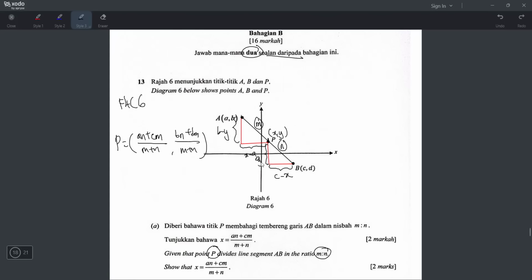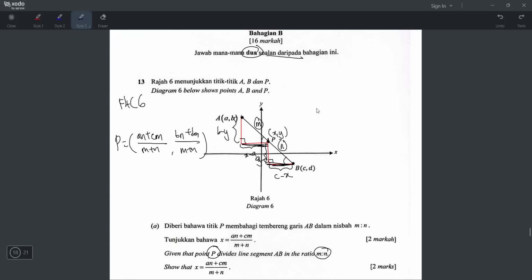Now I want you all to pay very close attention. These two right angle triangles are different sizes, one bigger, one smaller. But this angle and this angle will be 90 degrees, you agree? Not only that, this angle and this angle are also the same size, because these two lines are parallel and this is a transversal.